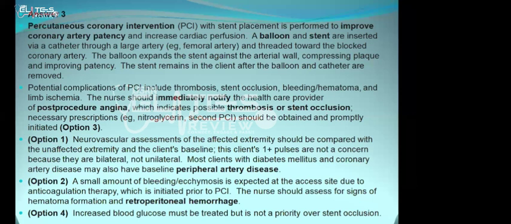Yes, the angina. It will be the heart because that is the main issue, the main reason we did the procedure. It's not working. So the heart is prioritized over the leg that will die.